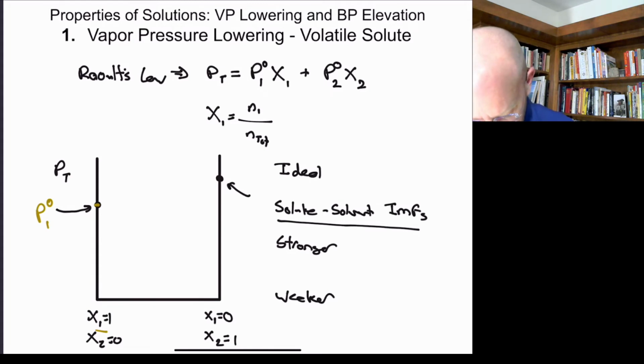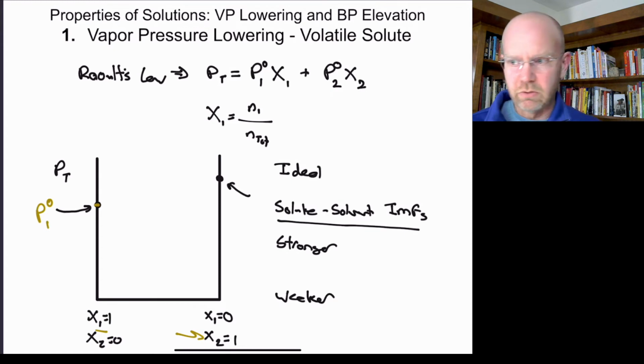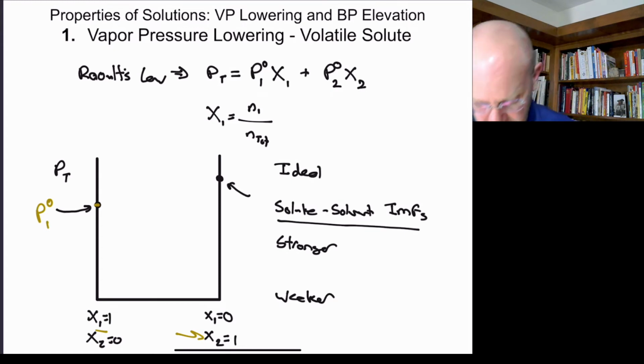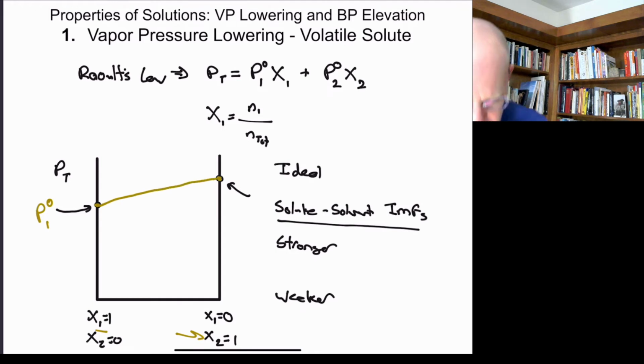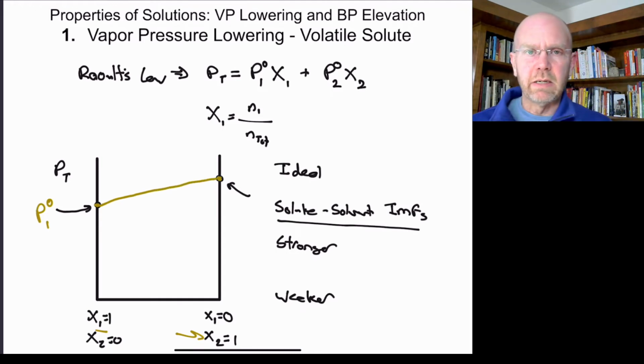And on the other side of this equation, I'm saying the mole fraction is completely 2. So the mole fraction of x1 is 0, the mole fraction of 2 is 1. So you know, the pressure as you go across there, as you slowly introduce more of that volatile solute, would be a straight line across there.